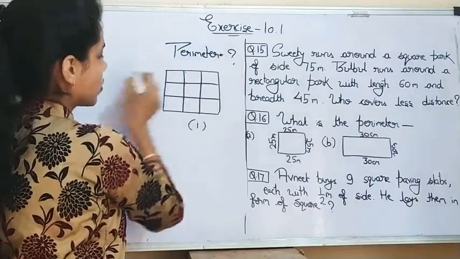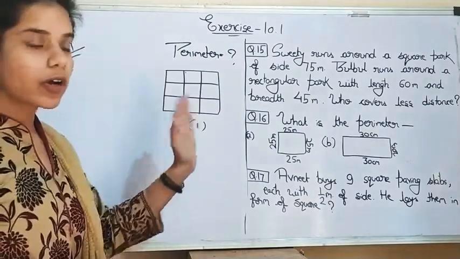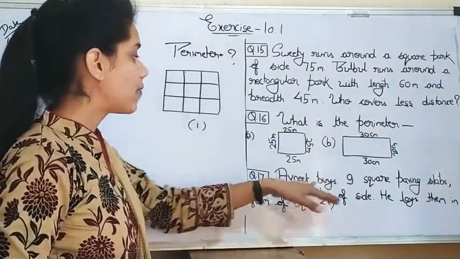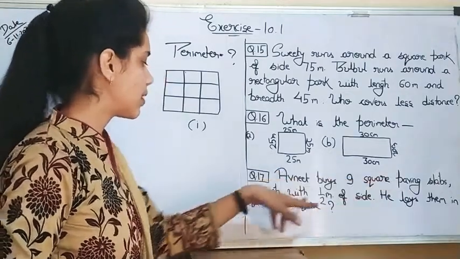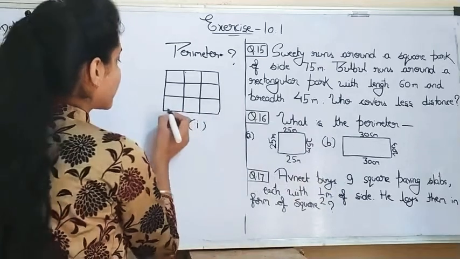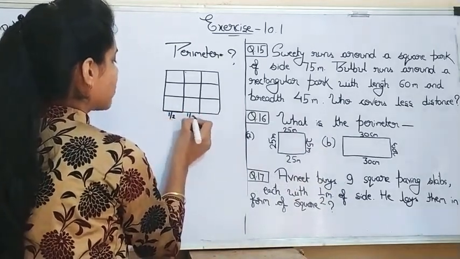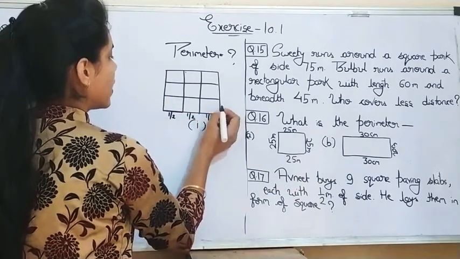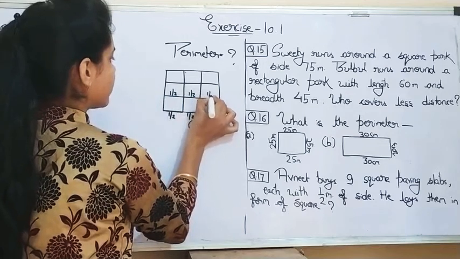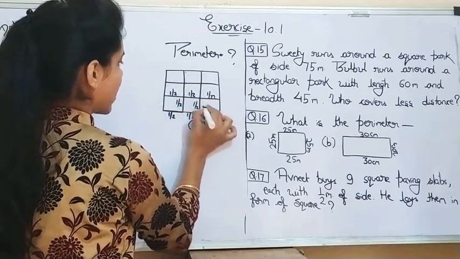This was question number 17. So what will be the perimeter? They are also saying that Avneet buys 9 paving slabs, each with half meter of side. Each with half meter of side means this will be half, this will be half, this will be half.